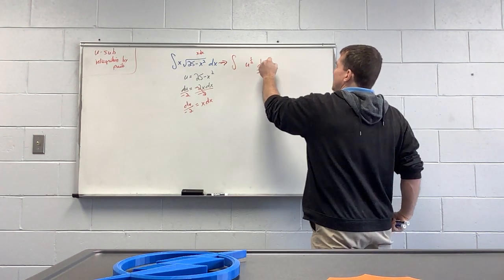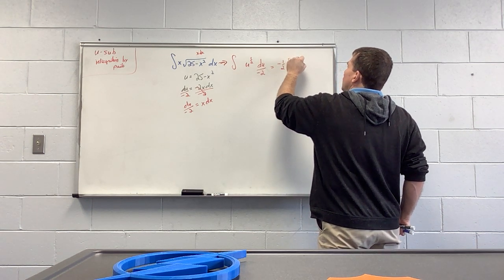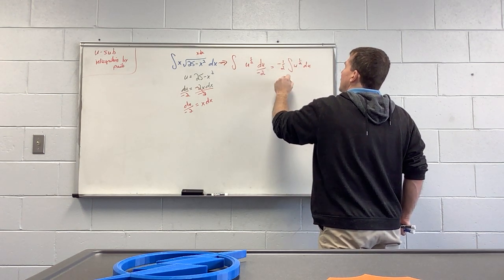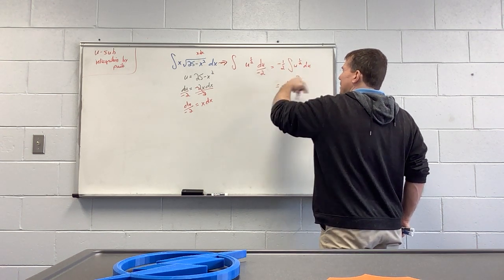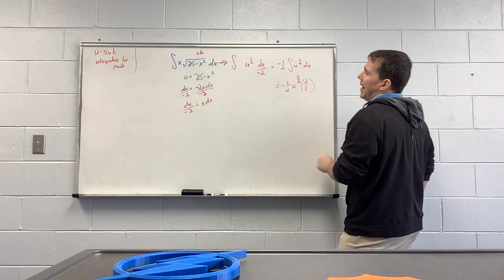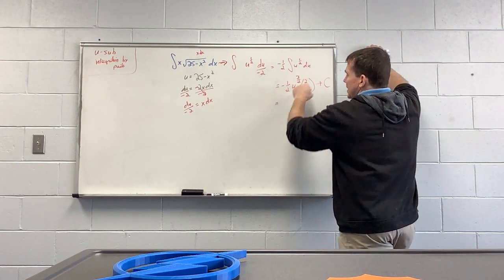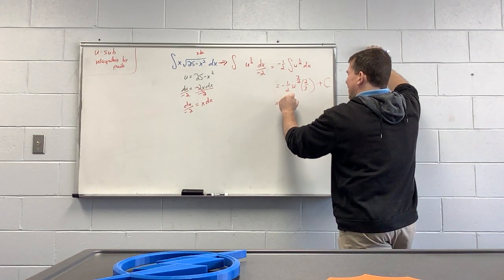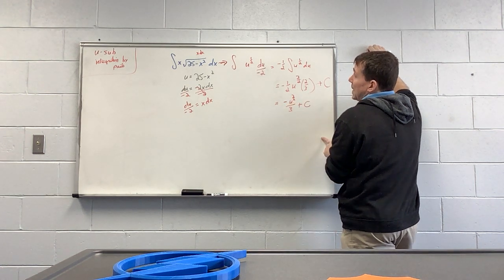Now I just solve this. I pull the negative 1/2 out, and I get the integral of u to the 1/2 du, which is negative 1/2 times u raised to the power 3/2, divided by 3/2, which is multiplying by 2/3, and then I put a plus c on there. Now I simplify this, the 2's cancel, and I get negative u to the 3/2 over 3 plus c.